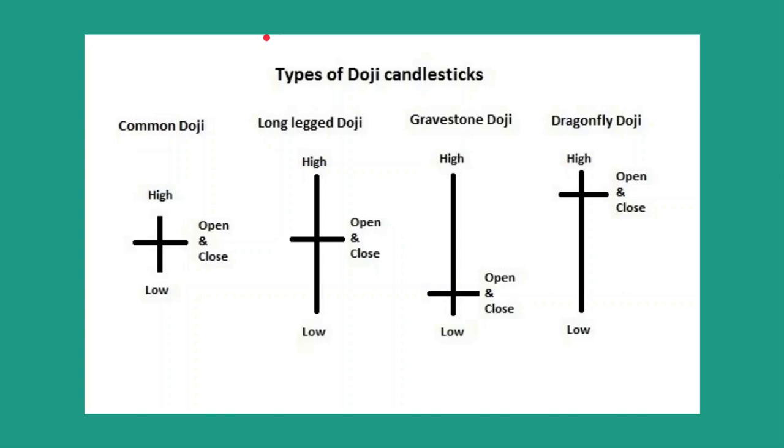A few of these specially named dojis, which we are going to talk about in these episodes, are: we have the common doji like this, then the long leg doji, which has a very long upper and lower shadow. Another one is the Gravestone doji and the Dragonfly doji. Let's start with the Dragonfly doji.